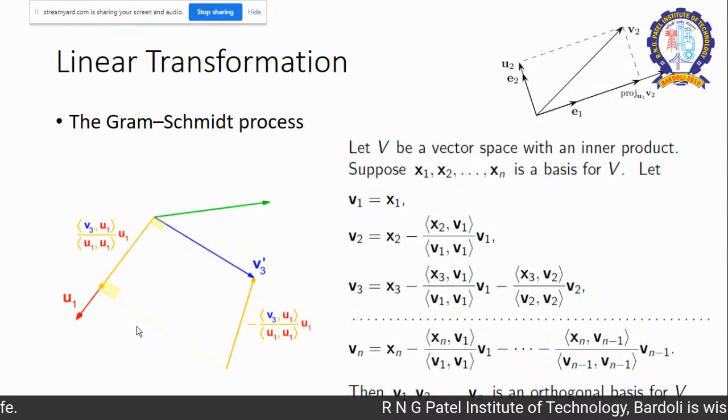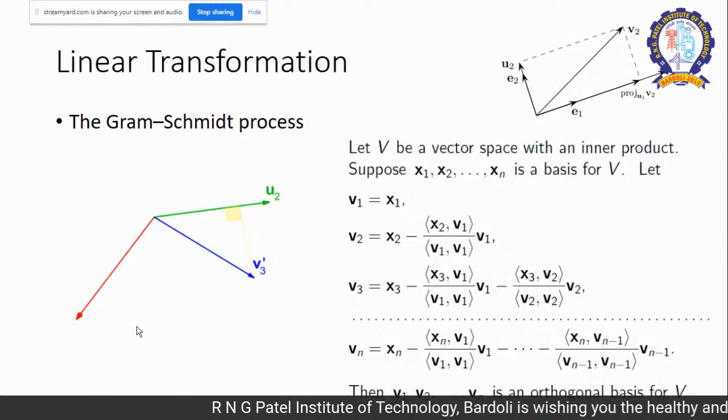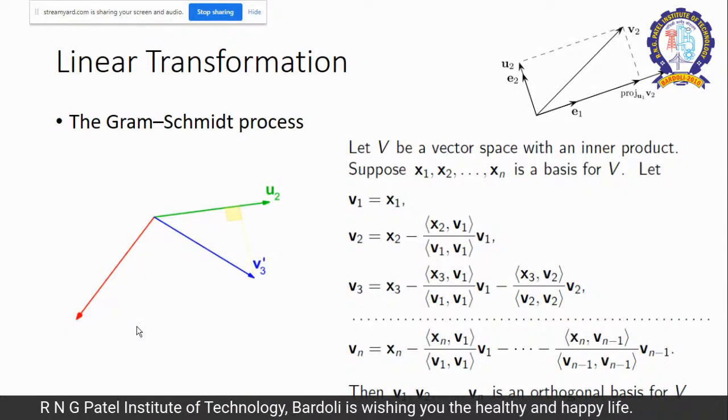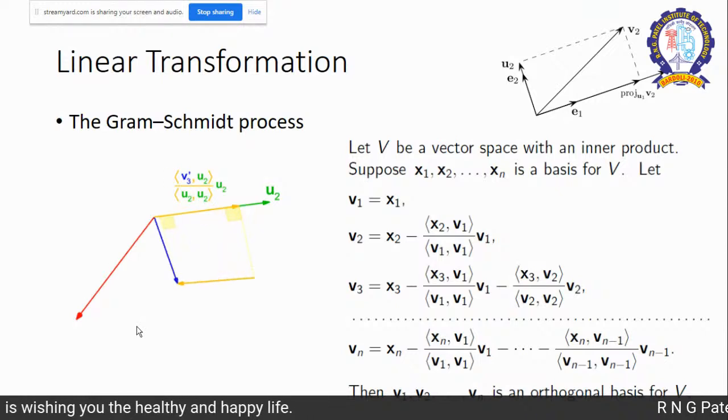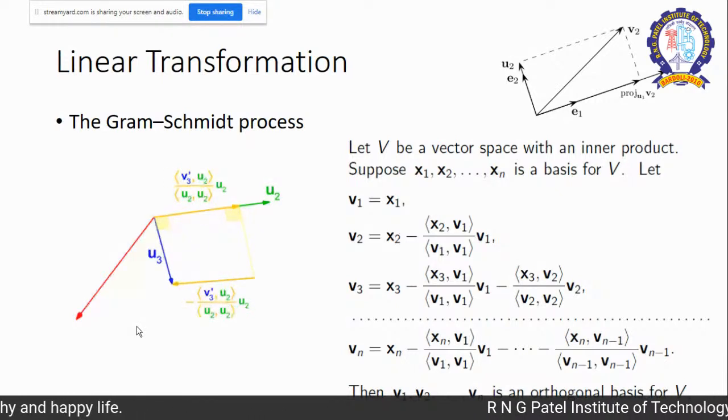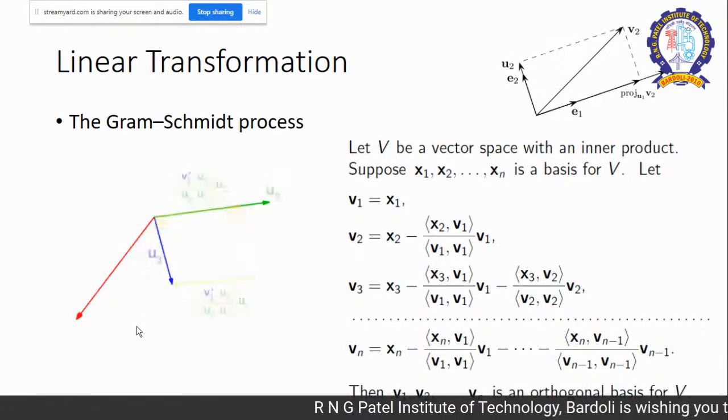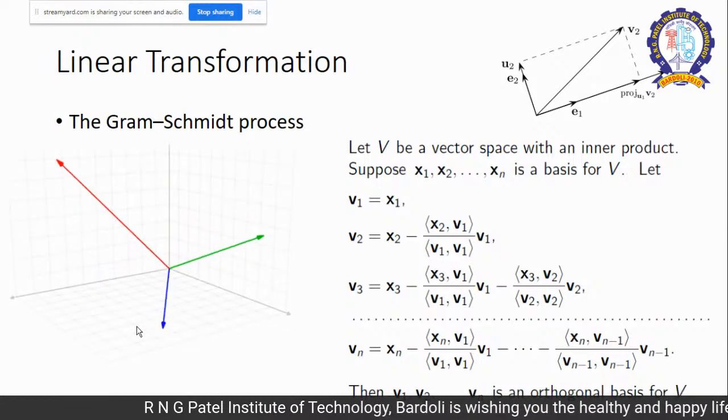We can get the projection of v3 over u1, take the reverse direction of that, and achieve the perpendicular property with respect to v1 and u1.